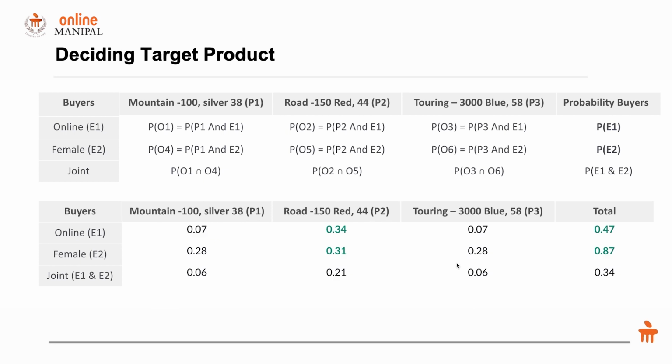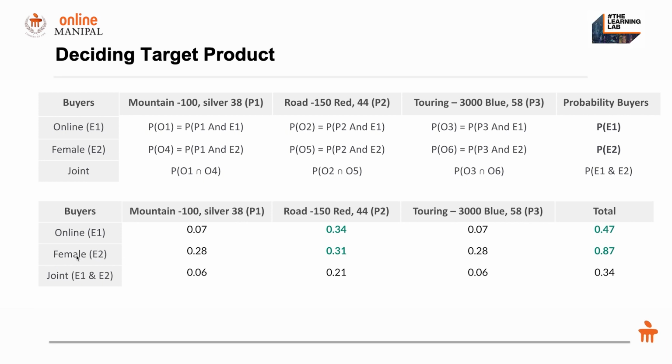Let's look at the calculations. The probability for outcome 1 comes out to be 0.07. For outcome 2, it comes out to be 0.34, and so on. Now, if we focus upon just the online event and compare the probabilities of product 1, 2 and 3, we see that the probability for product 2 is the highest.